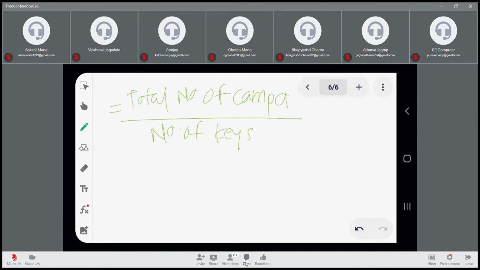So the total number of comparisons is 39, the number of keys is 12. What is the answer? 39 by 12.